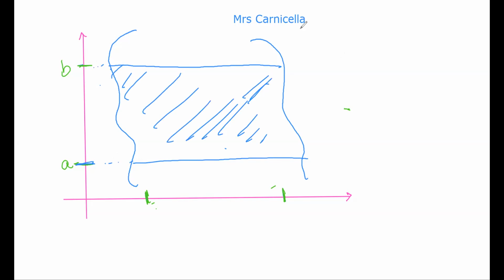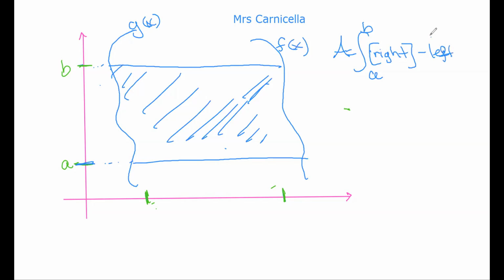And in this case, the area is going to equal the integral from A to B of the right function, the one on the right, minus the one on the left, and that's dy.